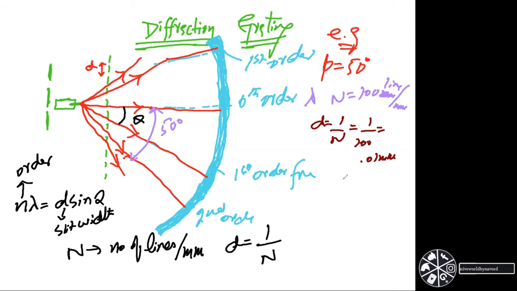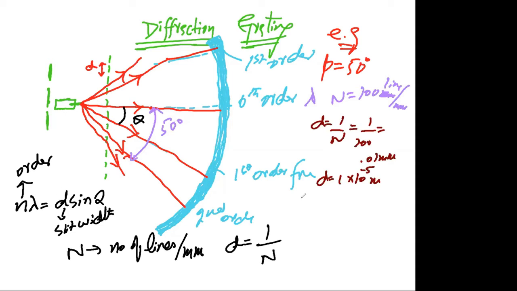You need to convert it into meter, so in meter it will be 1 times 10 to the power -5. Okay, so this is my d, and theta is 50, and n is second order.